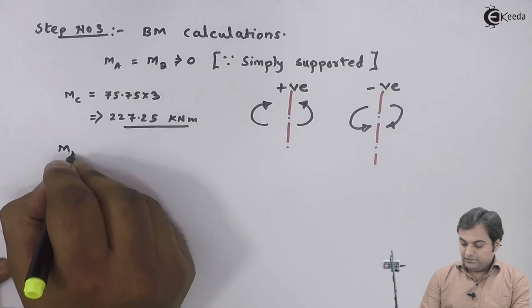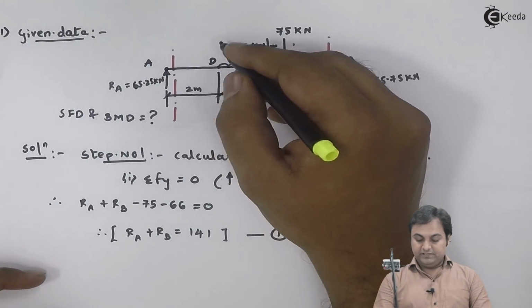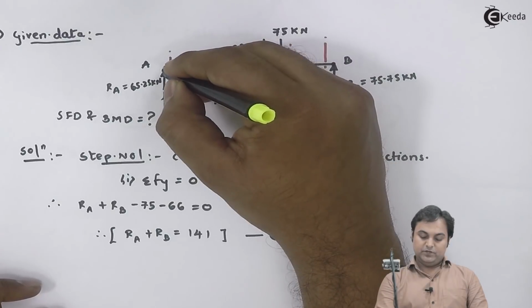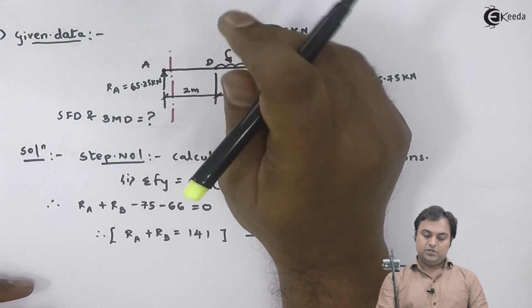Next, moment at D is equal to, here if I am calculating moment at D, to the left of D I have just RA, and this would be producing clockwise moment. So to the left of the section there is clockwise moment, so it is positive.